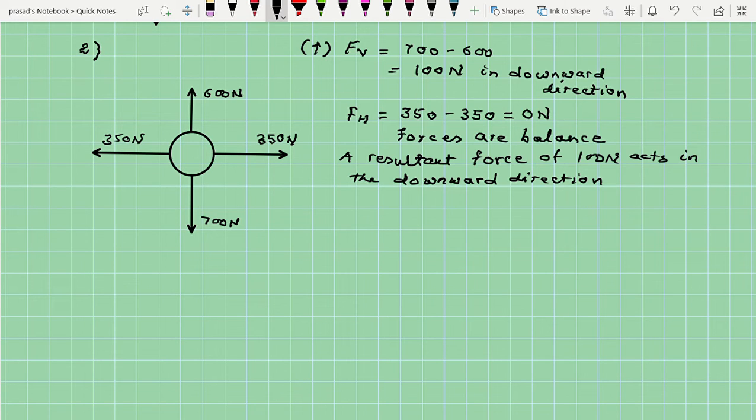So what will you say about the motion of the particle? The particle or the object accelerates in the downward direction.